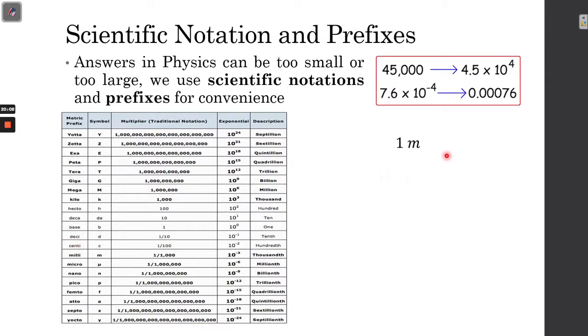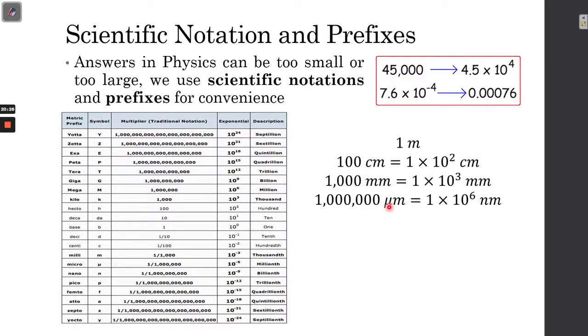So example right here, 1 meter is equal to 100 centimeters, because 1 centimeter is equal to 1 over 100 of the base. Millimeter is a thousandth of the base. A micrometer is a millionth of the base. And nanometer is basically a billionth of the base.